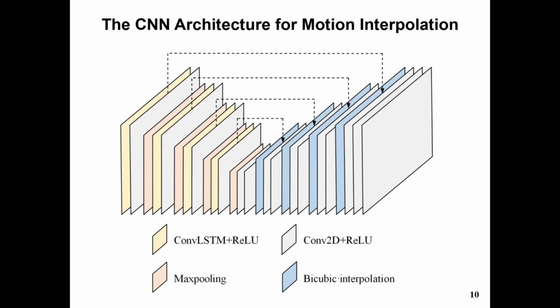We can consider consecutive optical flow maps as transformed original frames and interpolate optical flow maps. The deep neural network architecture for motion interpolation is similar to the known UNet architecture, where the encoder uses ConvLSTM layers, and the encoder and decoder are based on Conv2D layers.